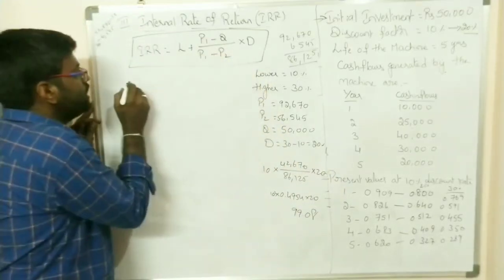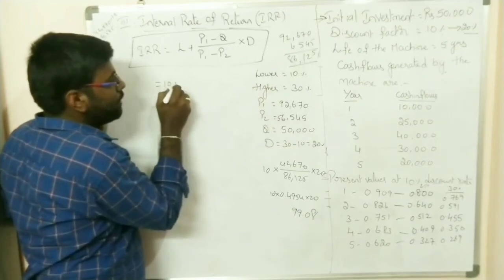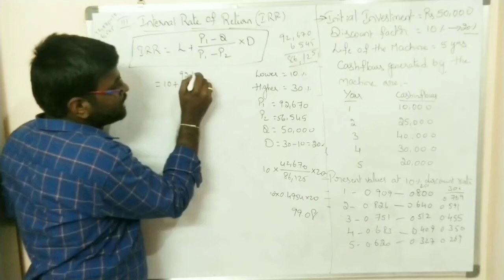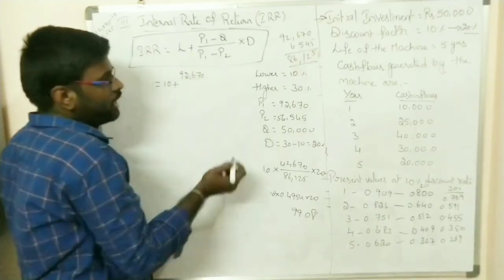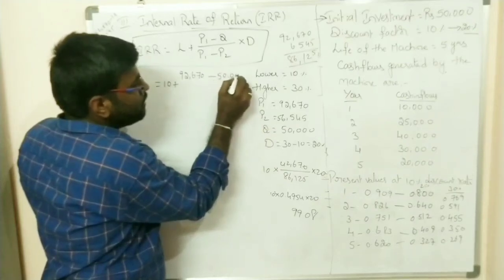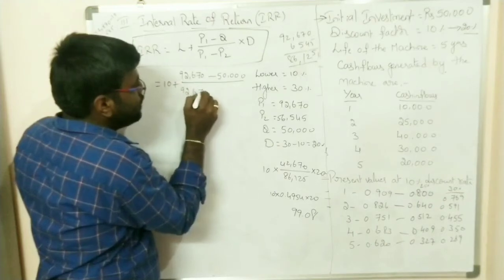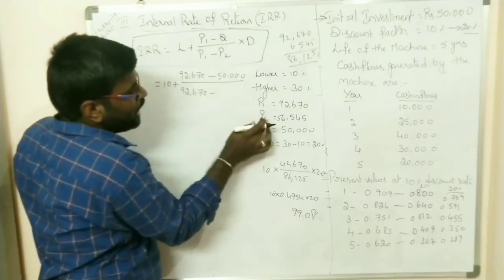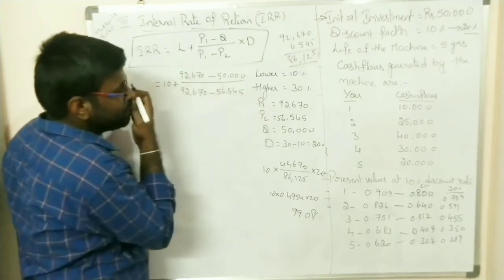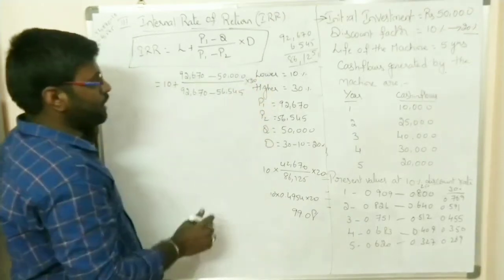So apply the values in the IRR formula: L, the lower rate of 10, plus P1, the present value of cash inflows at the lower rate, 92,670, minus Q, the initial investment of 50,000, divided by P1, 92,670, minus P2, the present value at the higher rate, 56,545, into D, the difference of 20%.